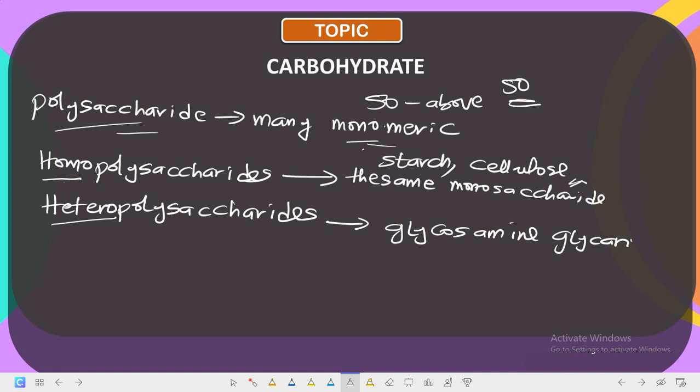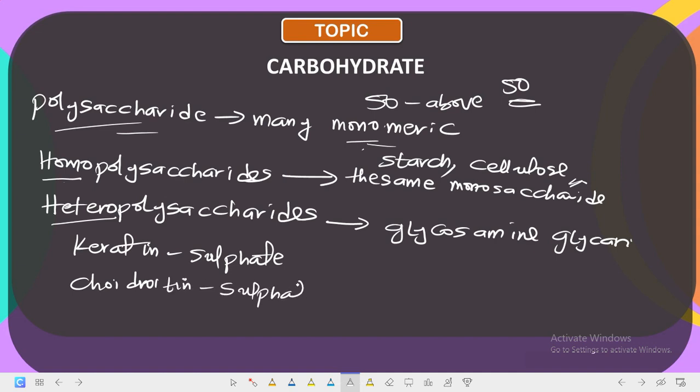Then we have the heteropolysaccharides. They consist of more than one type of carbohydrate subunit. And this is where you have keratan sulfate, chondroitin sulfate, and heparin.